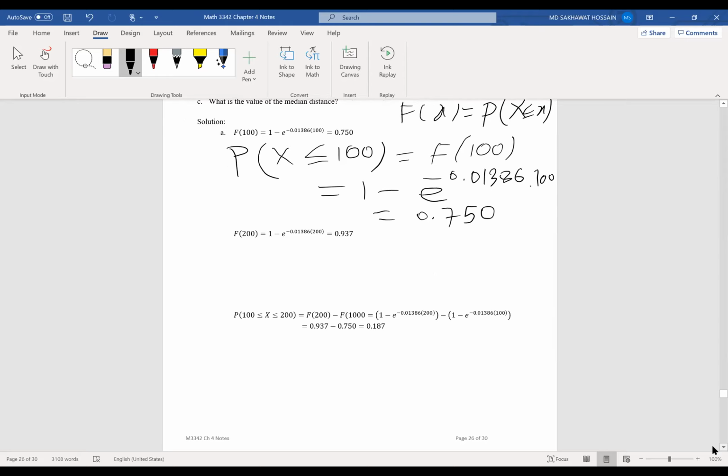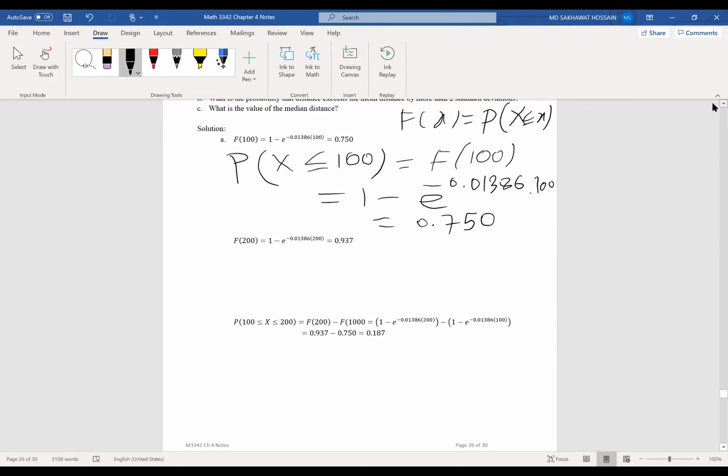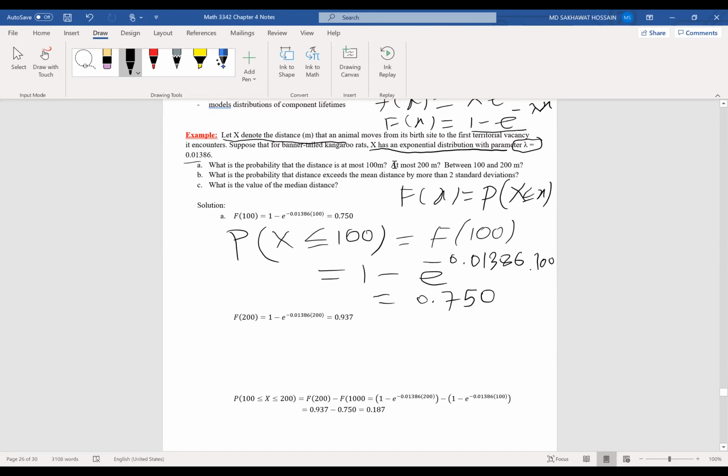There are two more parts in part A. First, at most 200 meters. That means we have to find the probability where x is less than or equal to 200.